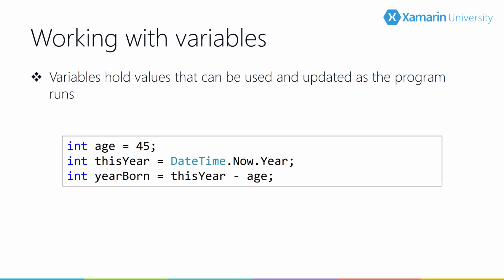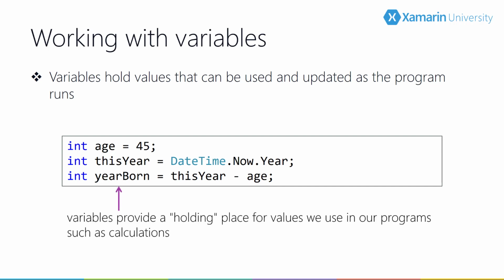So we have two variables, age and this year, and then we have a third variable, which is called year born, and this is taking the value of this year, subtracting the value of age, and then taking that value and assigning it to the variable year born. So this means that variables can be used in the initialization or assignment of another variable. That's completely fine.